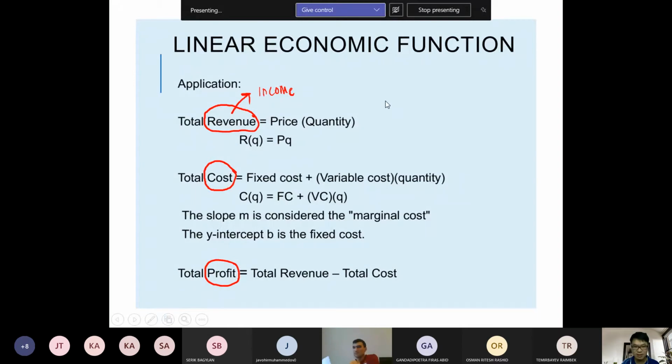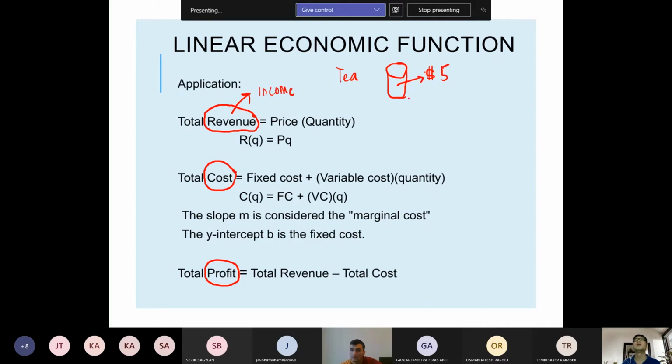Tea. Okay, good. Now let's say you are selling a cup of tea. What is your selling price? It's $5, for example. Let's say you are selling it for $5.